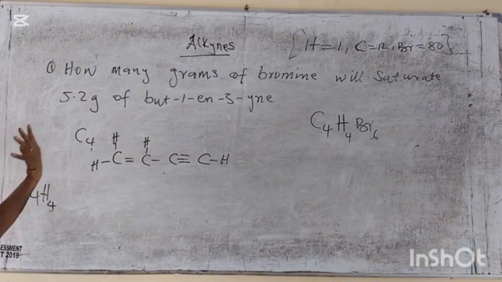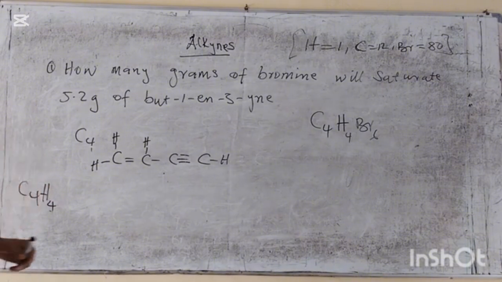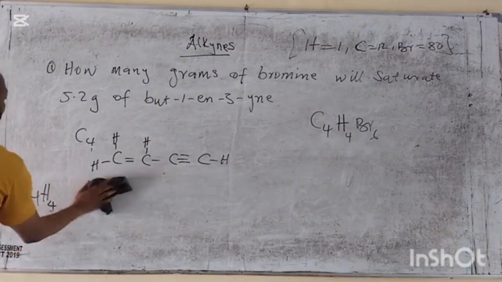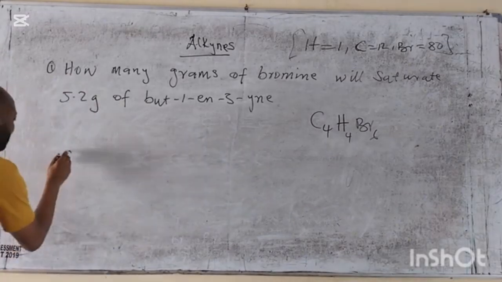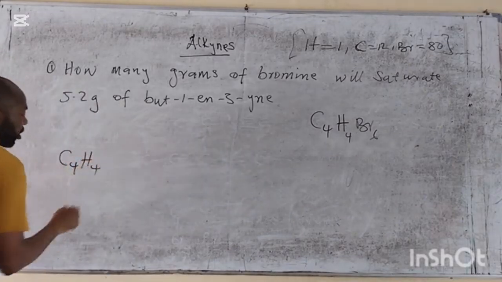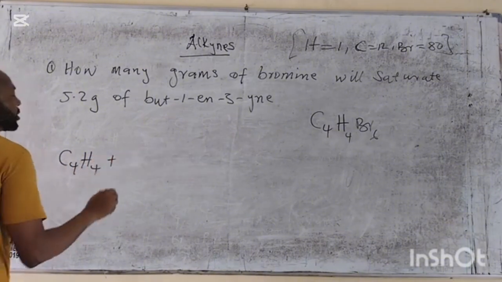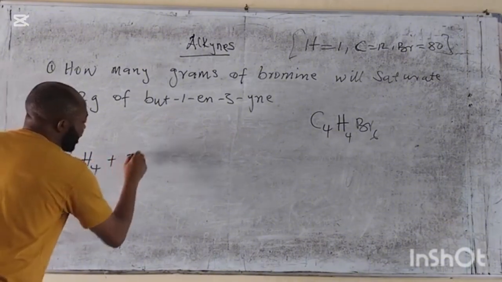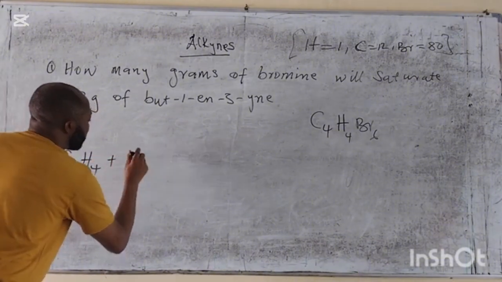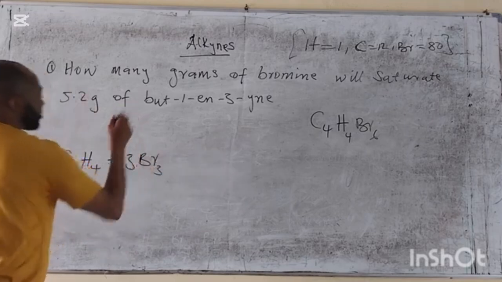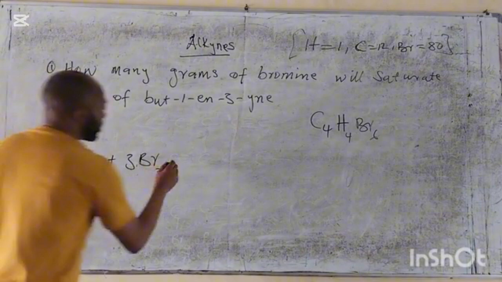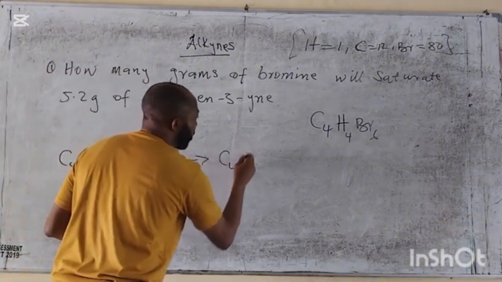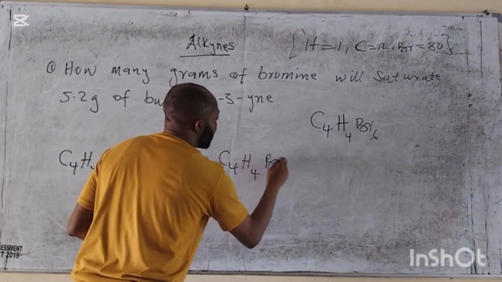Now let me bring my mole concept inside. So this is it. I have C4H4 plus 3Br2, 6 bromine, will give me C4H4Br6.